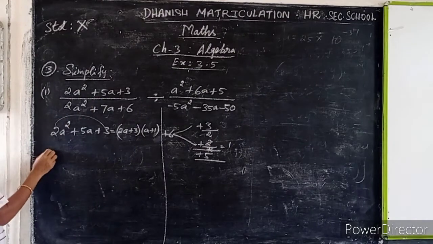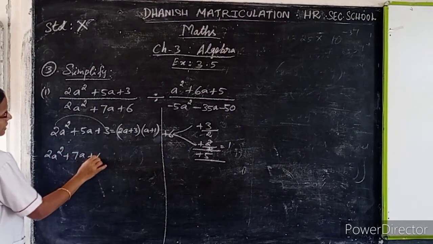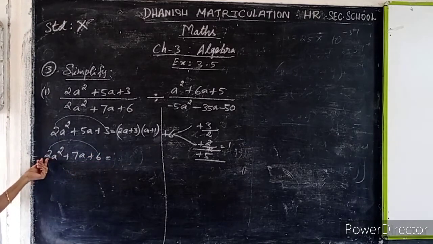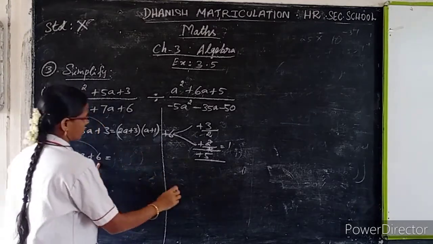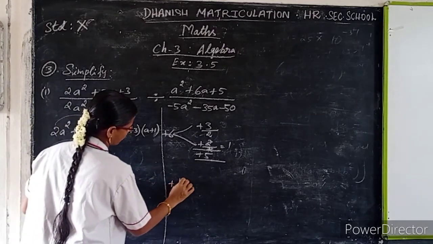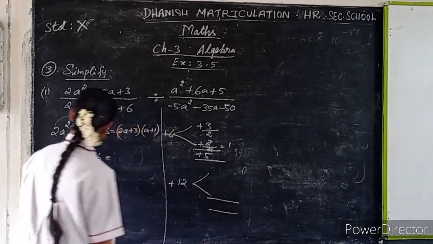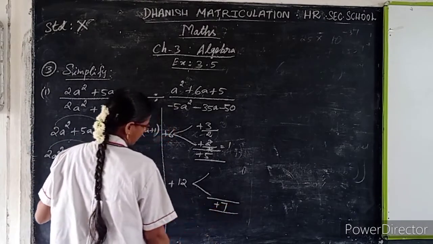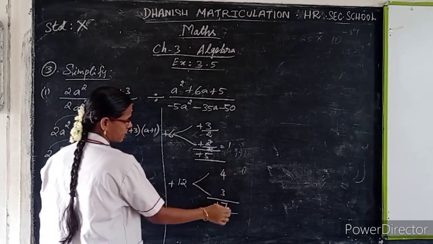Now the second denominator is 2a square plus 7a plus 6. Multiply the coefficient of a square into the constant term: 2 6s are 12, plus 12. Here the coefficient of a is plus 7. 4 3s are 12, 4 plus 3 is 7.